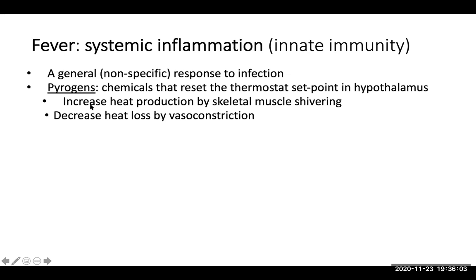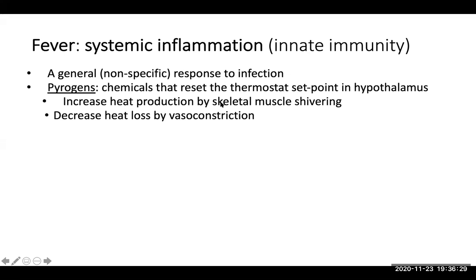Now it's set to 38, and your skeletal muscles are going to start shivering and building up extra heat very rapidly. So this is the part of the fever where you feel cold and you want to bury yourself under covers and warm up, because your body really does believe that you're too cold because the thermostat has been reset. Okay.